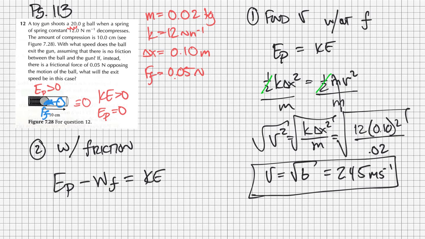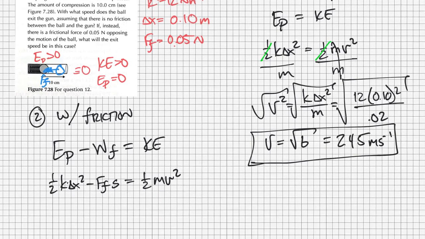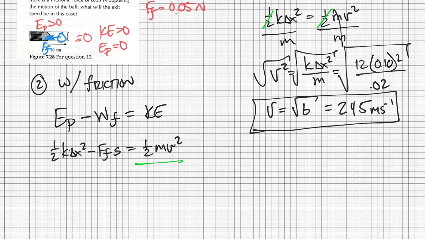And so let's figure that out. So we have 1/2 K delta X squared minus the force of friction times the displacement equals 1/2 mv squared. We can't cancel out the 1/2s here just based on the fact that we don't have 1/2 everywhere, so I'm going to divide this side by 1/2 m.